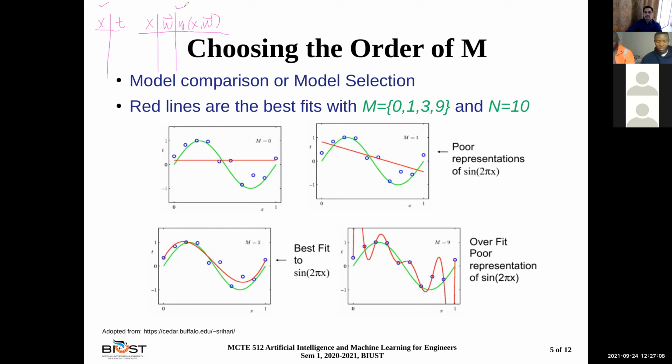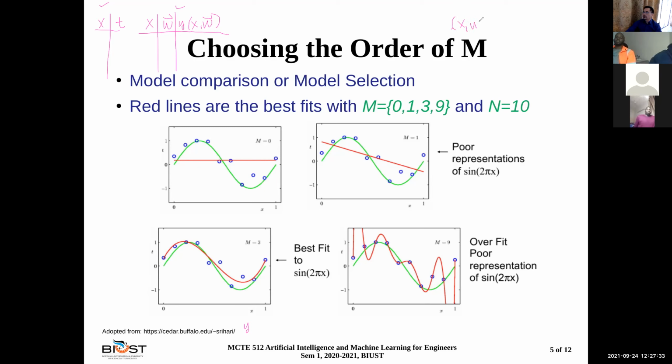Now the question is, what kind of polynomial is the best way of estimating the given data? So now we constrain ourselves to say our polynomial is y of X and W.